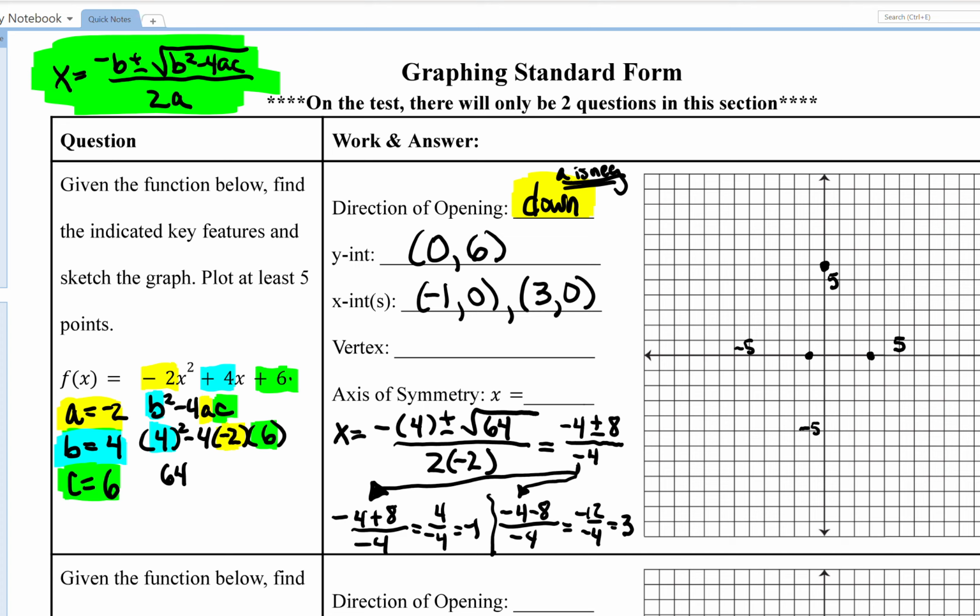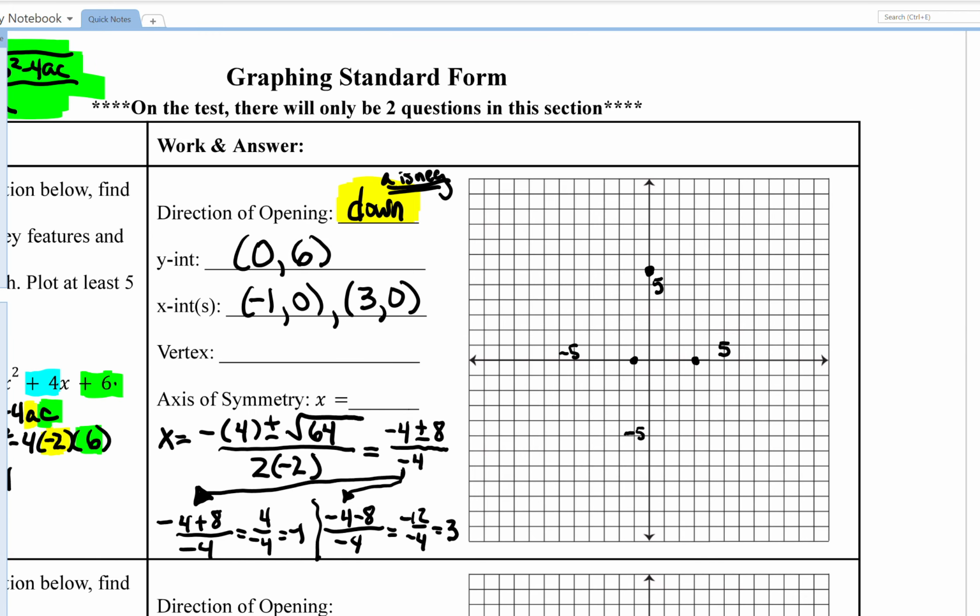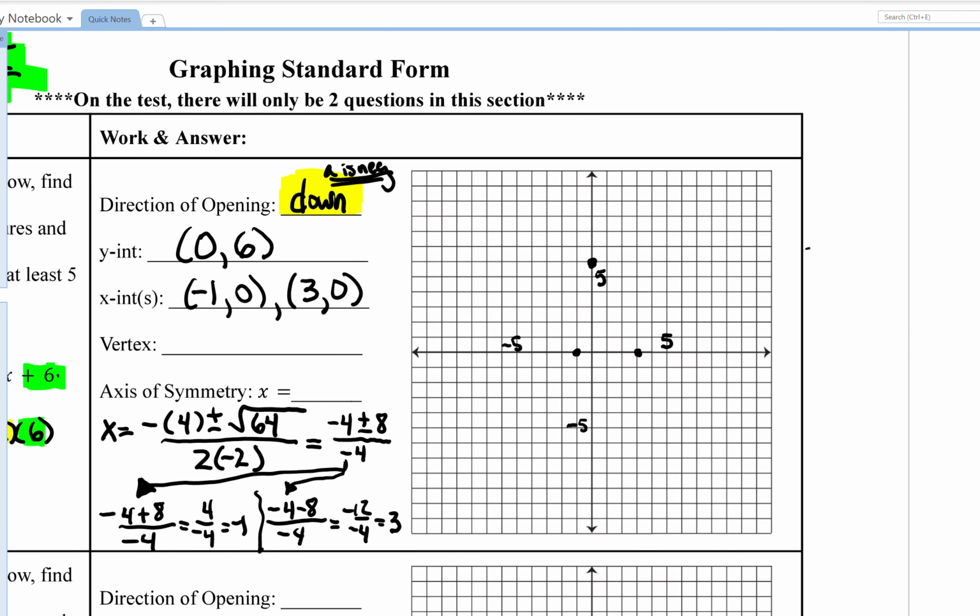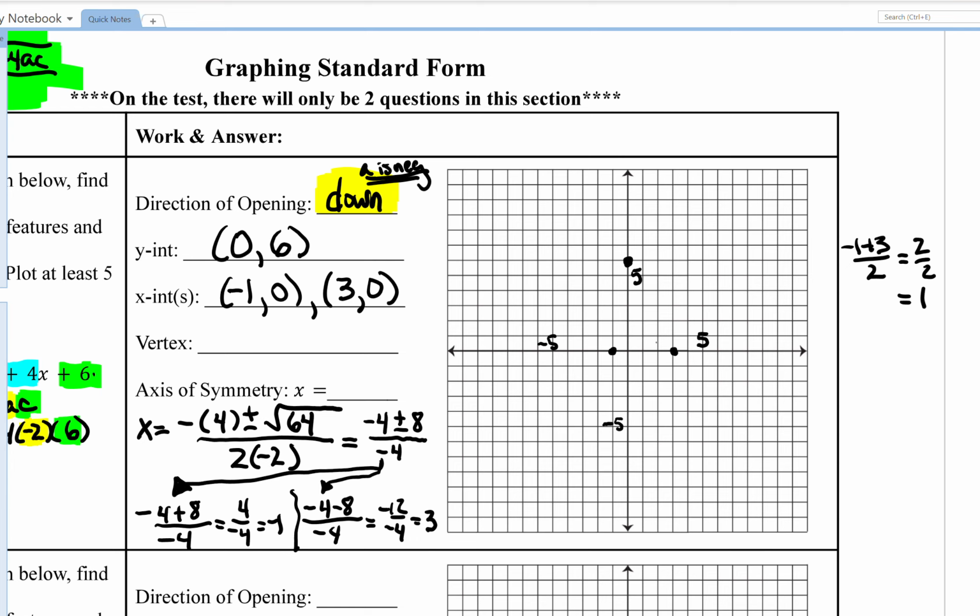Your vertex happens right in between those two, and you can get this in a couple different ways. I can take -1 and 3 and average them. So I've got -1 plus 3 divided by 2. -1 plus 3 is 2, divided by 2 is 1. And so my axis of symmetry is x equals 1.